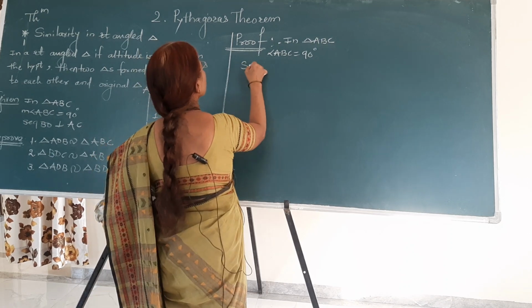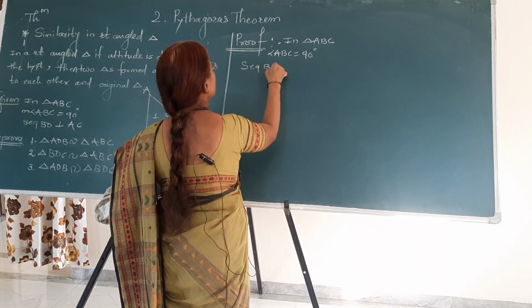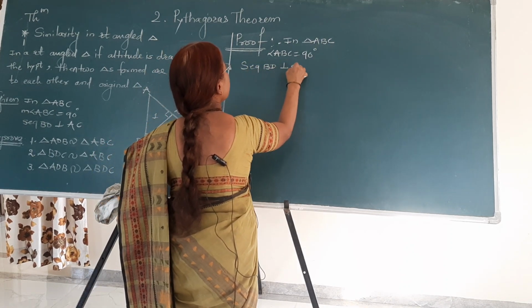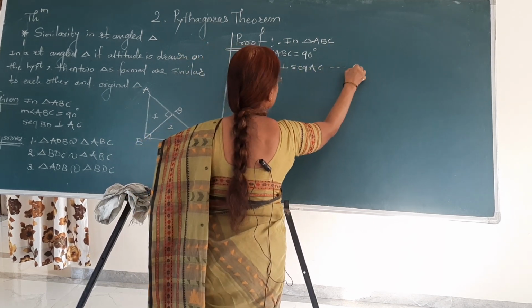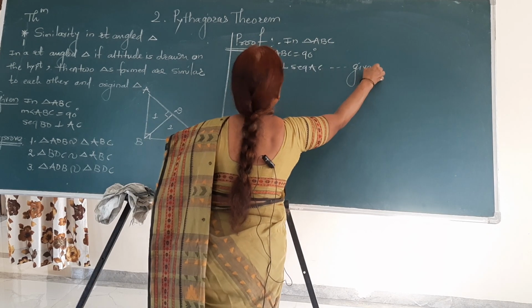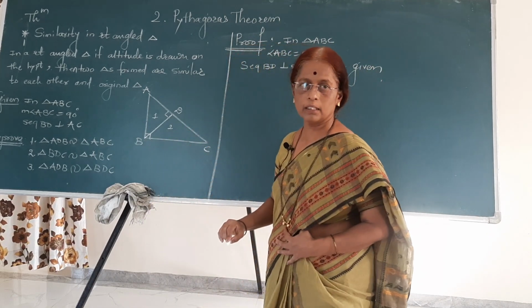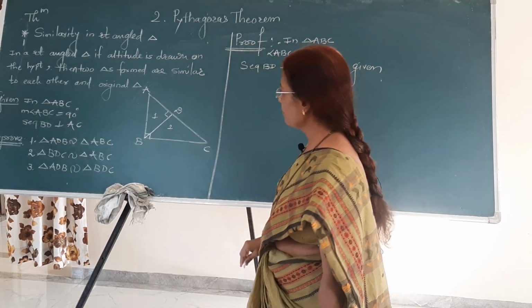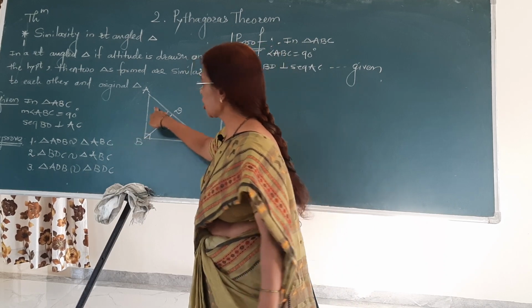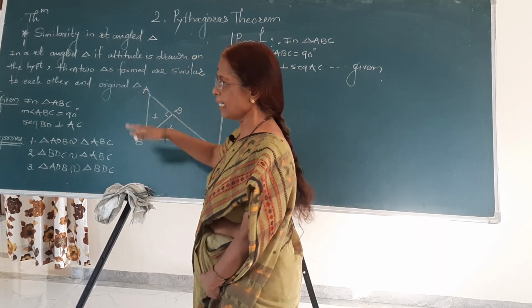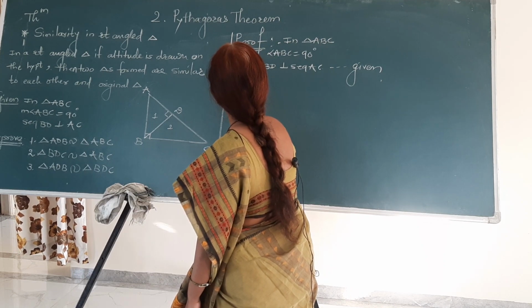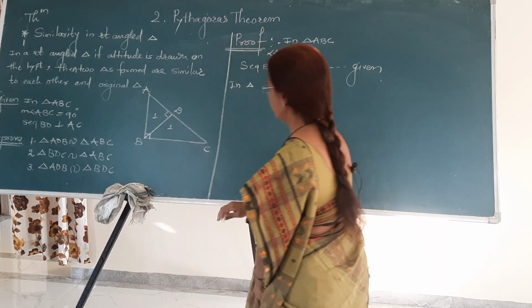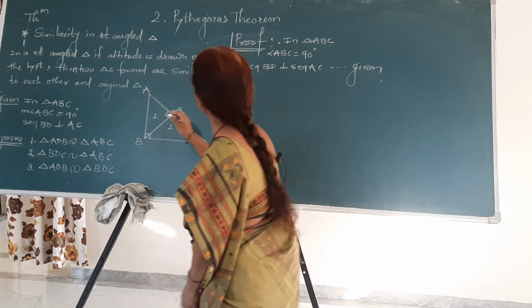Seg BD is perpendicular on seg AC. These are the given things. We'll give the support as given. Then we have to consider the first triangle, the smaller triangle, and the big triangle. So we'll write like this. In triangle, what is the name of the triangle? ADC.